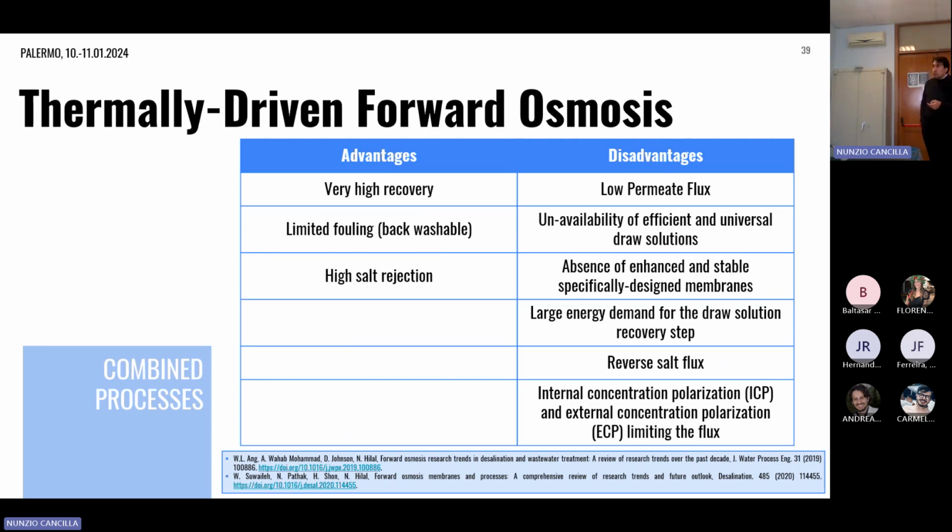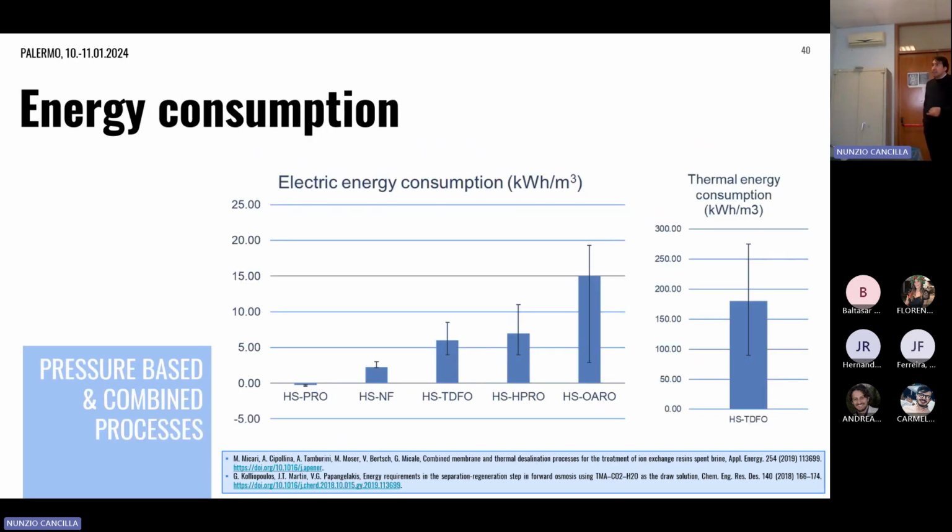Okay, so this would provide, again, a simple comparison in terms of energy consumption for the osmotically assisted reverse osmosis, the high pressure reverse osmosis, and the thermally driven forward osmosis. Of course, nanofiltration stays on another side, but it is intrinsically a different process.